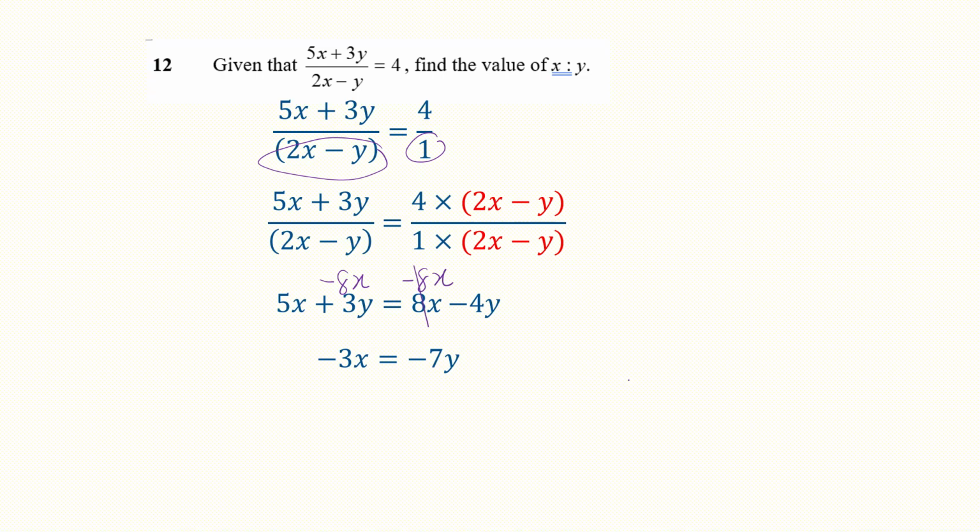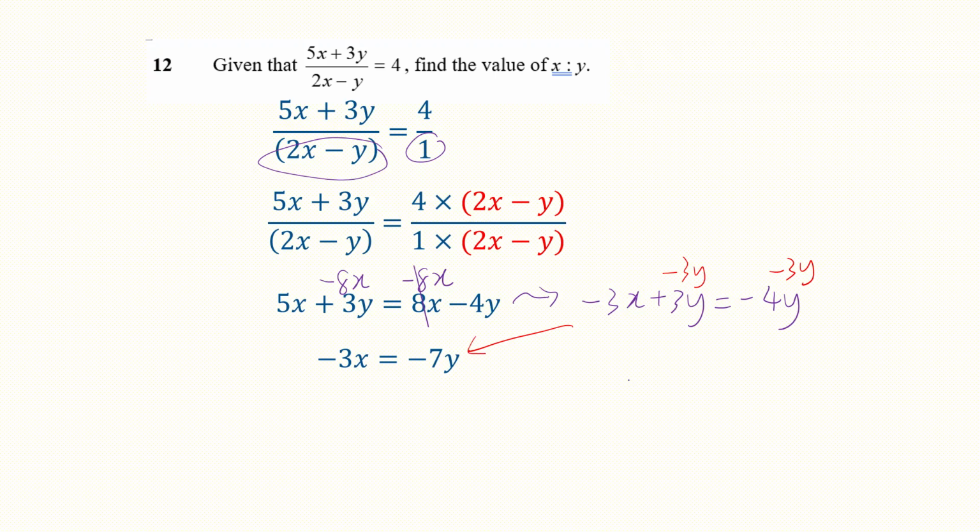So this and this goes off. So 5x minus 8x will give you negative 3x plus 3y equals negative 4y. The next thing is minus 3y on both sides. So that's how I end up having negative 3x equals negative 7y.